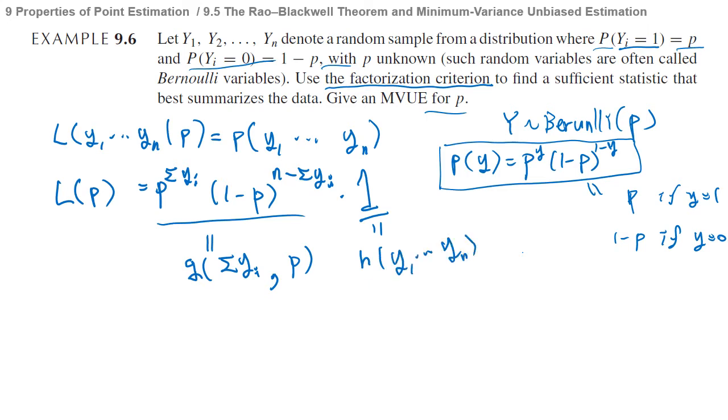By the factorization theorem, the sum of yi, from i equals 1 to n, is a sufficient statistic for p.